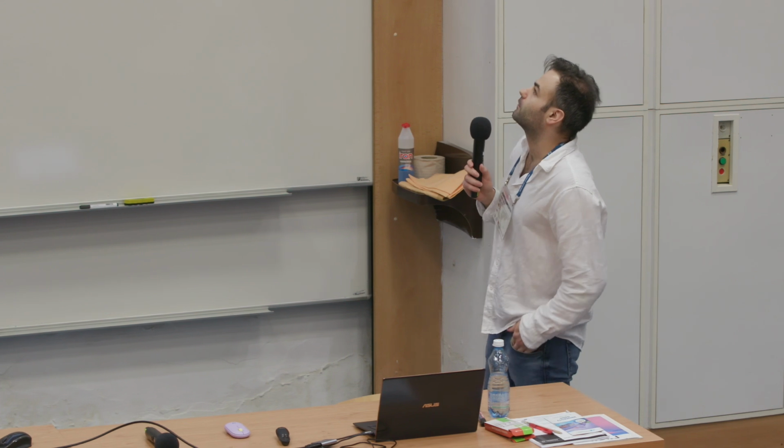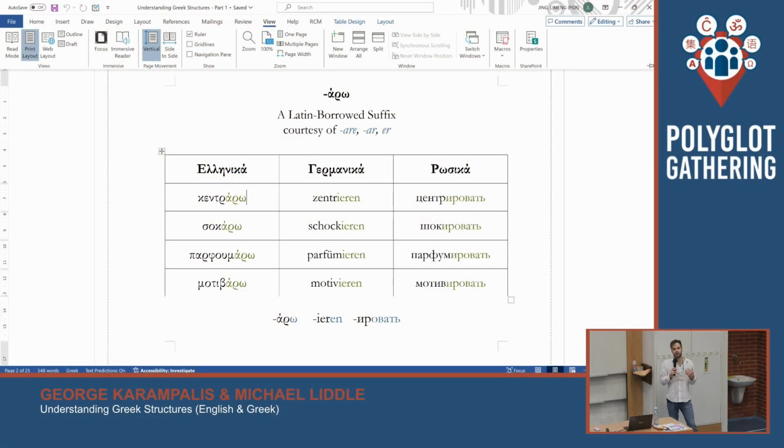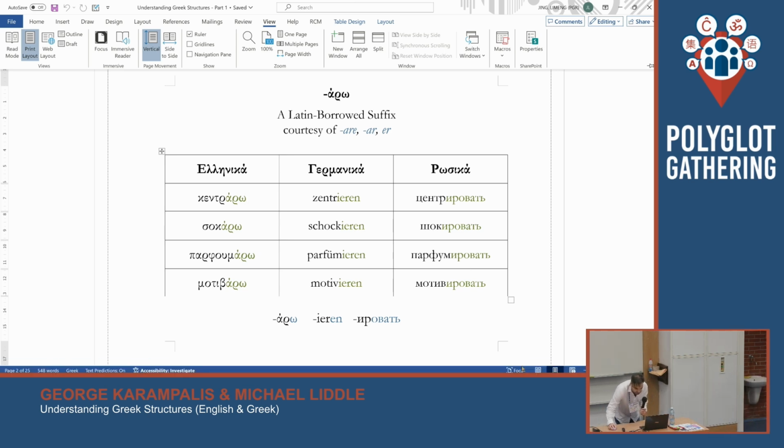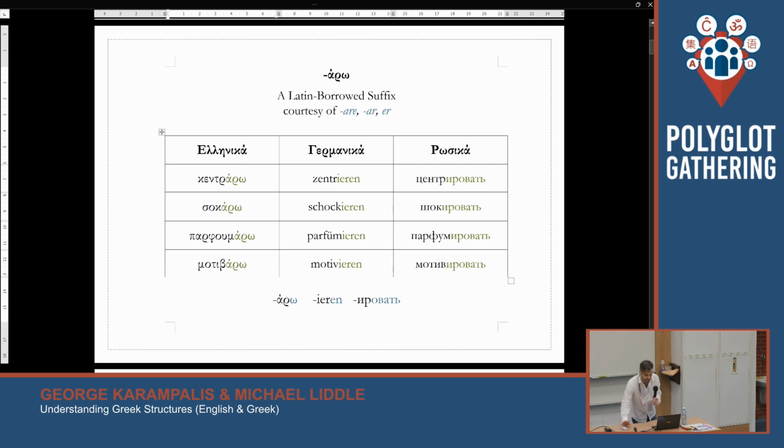I thought you would be able to see, but never mind. Full screen? Okay, sure, like that.